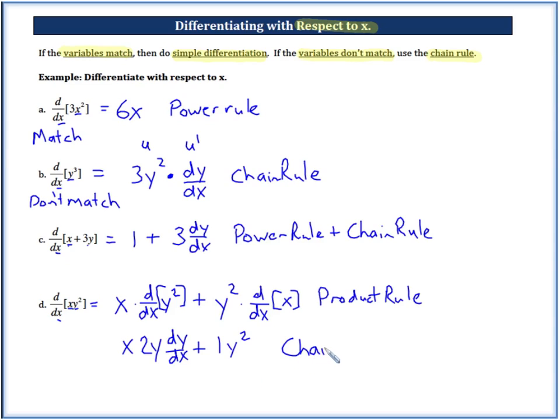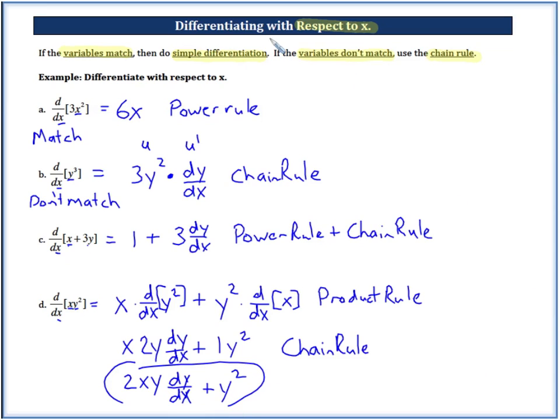We use the chain rule here. And overall now we get 2xy dy dx plus y squared. Okay, and this would be our final answer right here.